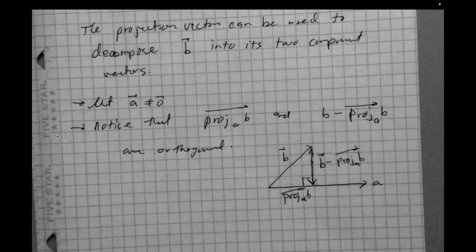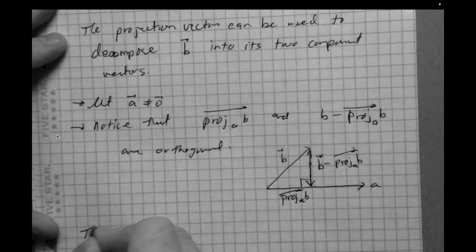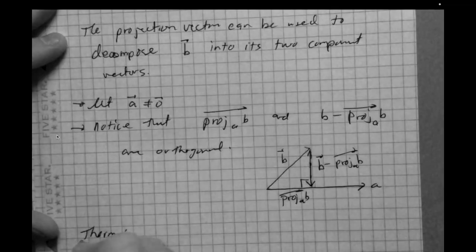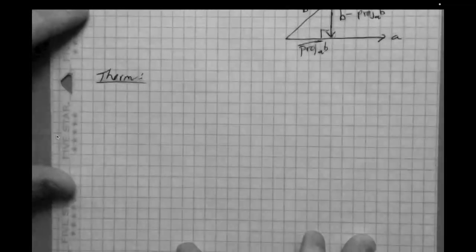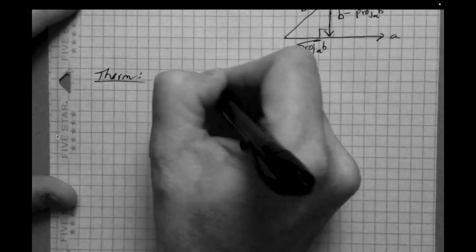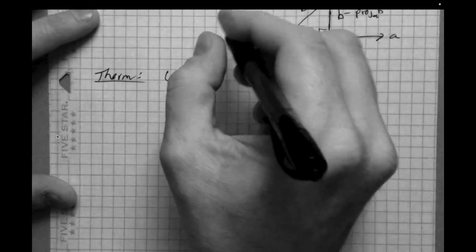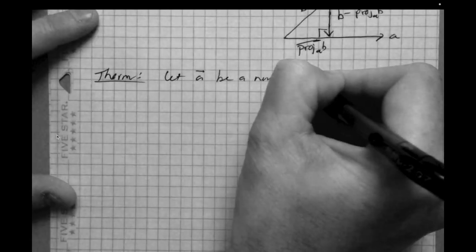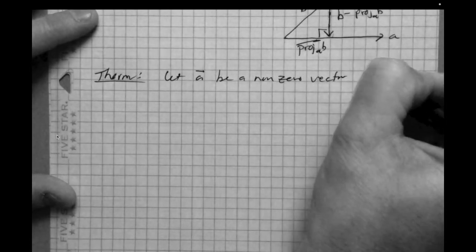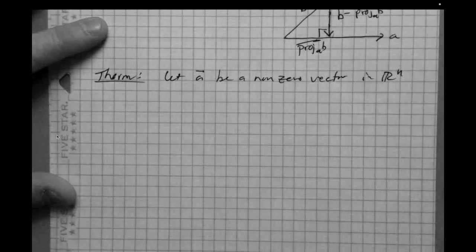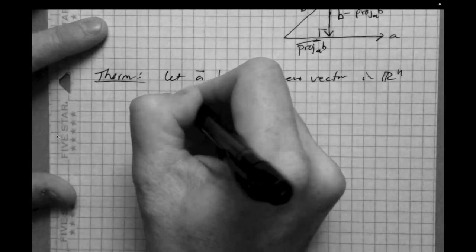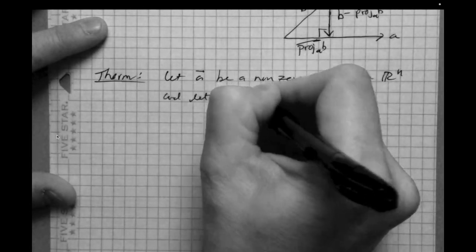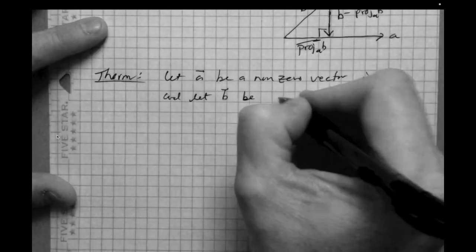Okay. All right. Let's talk this out in the following theorem then. Let A be a non-zero vector in Rn, and let B be any vector in Rn.